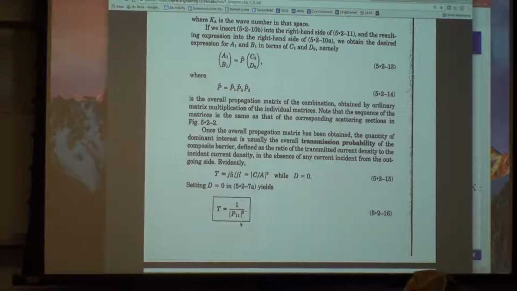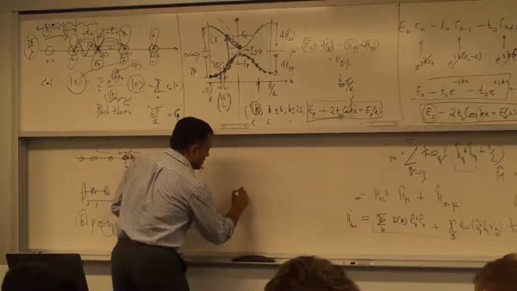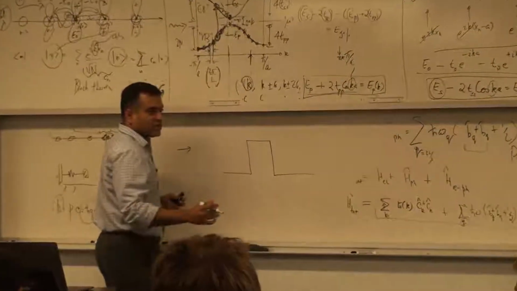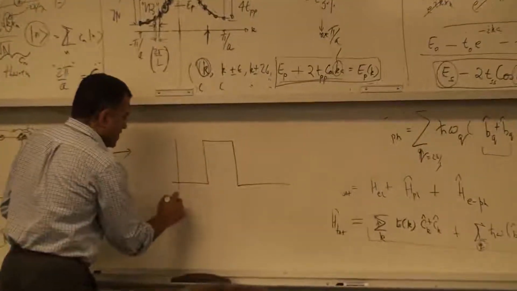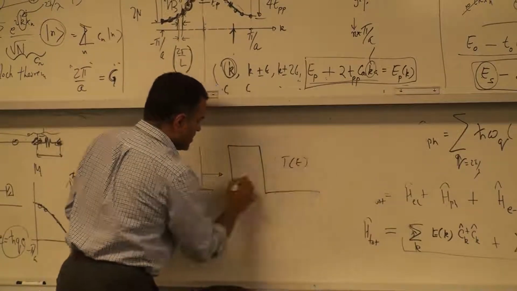And in a realistic situation, when you calculate the total current in a semiconductor metal, say a Schottky diode or something like that, or a MOSFET or heterojunction, you calculate this transmission probability for each energy.